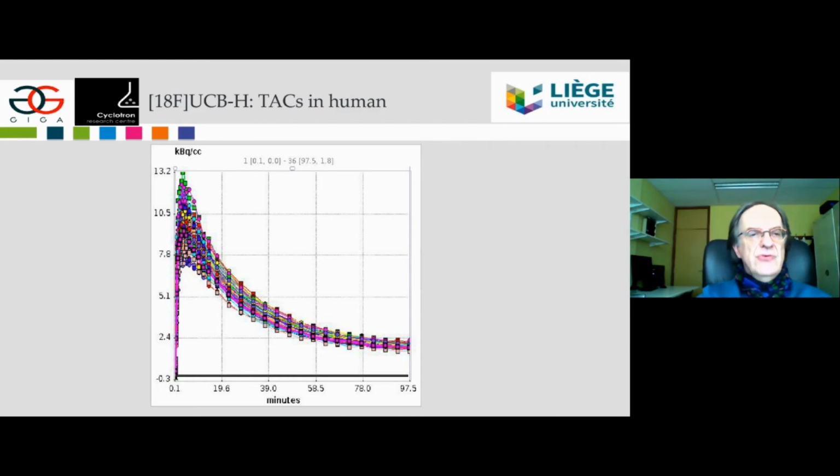And again, you see after bolus injection that there is a rapid accumulation in the brain. And then after a short plateau, there is a progressive decline and washout over time. This allows you to make a kind of modelization of what's entering over time, what's leaving over time, and finally what's binding in the brain.